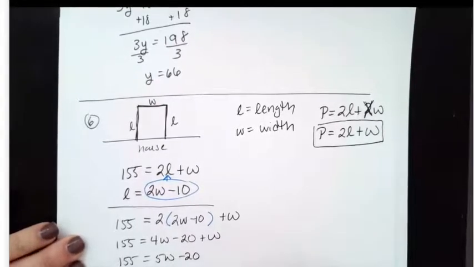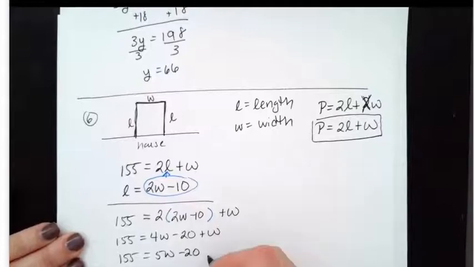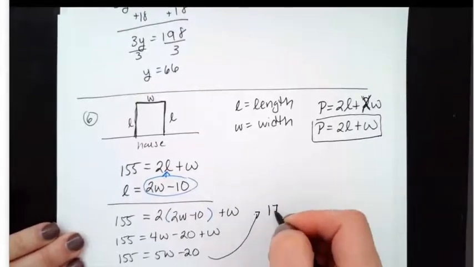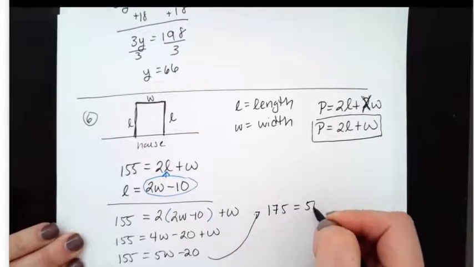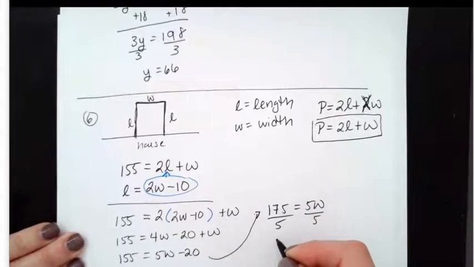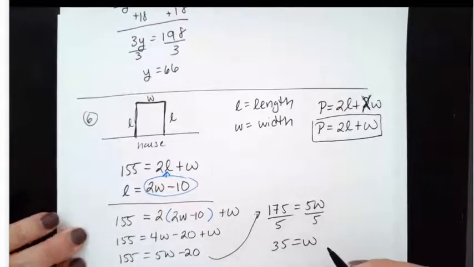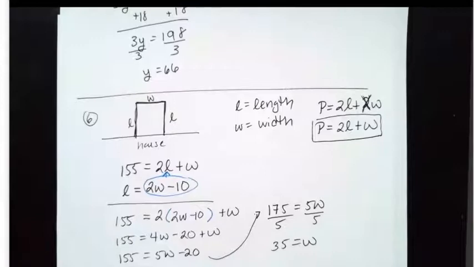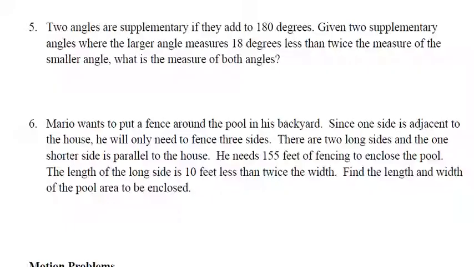I'll go ahead and add 20 to both sides. So 175 equals 5W, and then dividing both sides by 5, I now have 35 equals W. So that means my width is 35, and I was asked to find both.